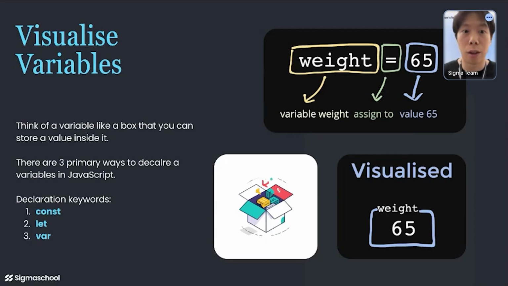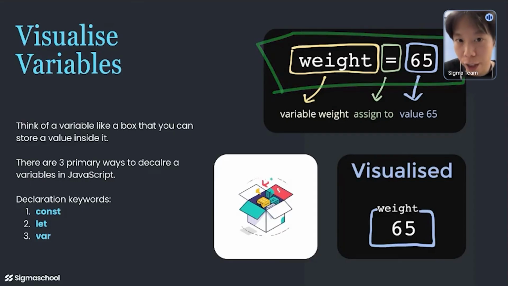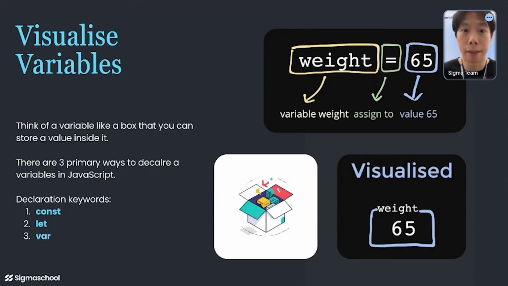What we do is weight equals 65. So variable weight, that is the name of the variable, and equals basically tells JavaScript that you're assigning the right side value to the left side. So this means you're assigning 65 kgs to the variable weight.